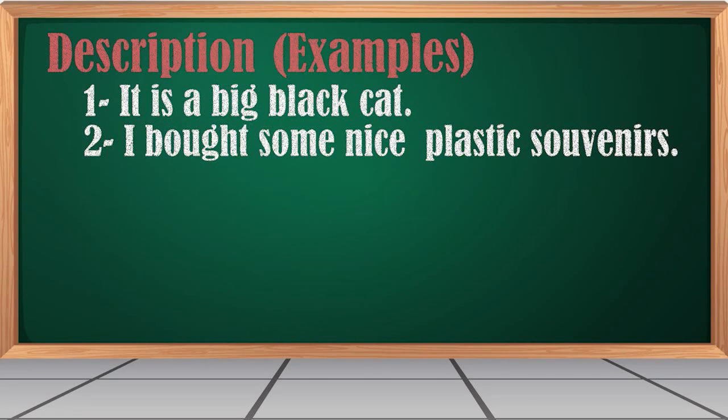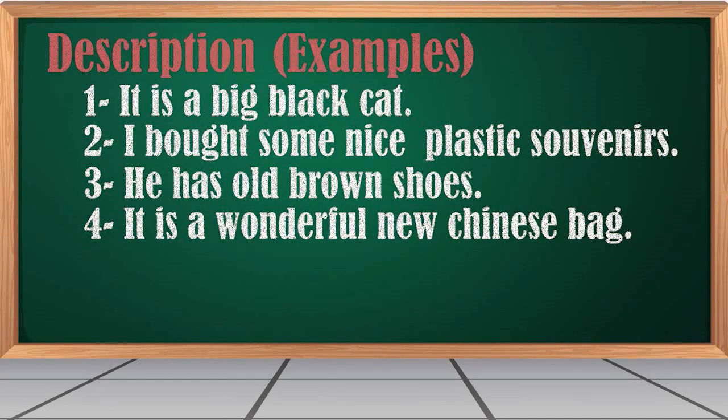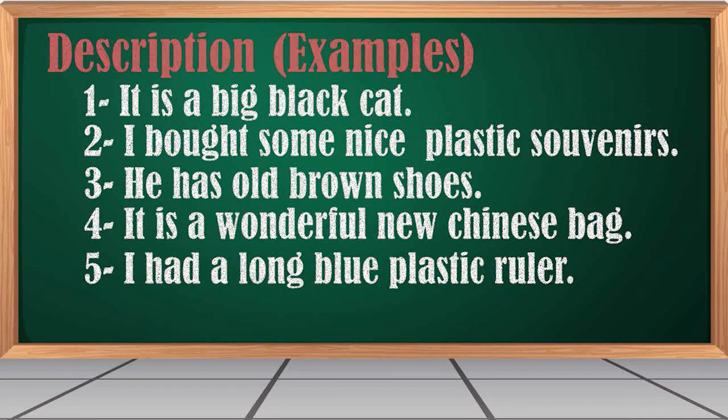So start with nice, it's opinion, then plastic, it's material. Number 3, he has old brown shoes. Old brown, age, color. Number 4, it is a wonderful new Chinese bag. Opinion, age, nationality. Number 5, I have a long blue plastic ruler. So start with size, color, material.